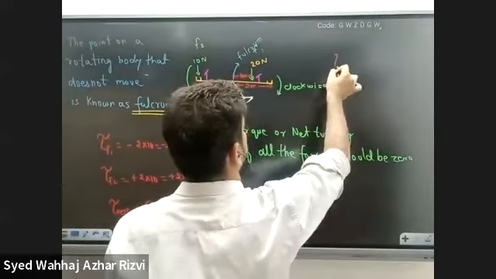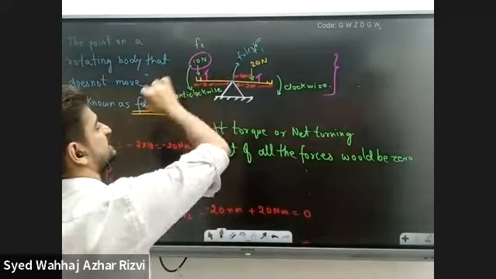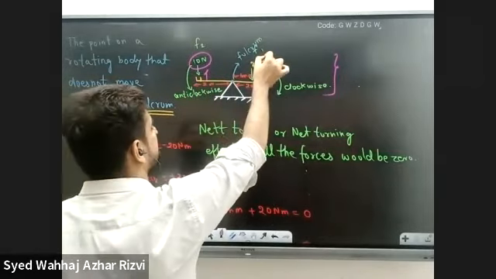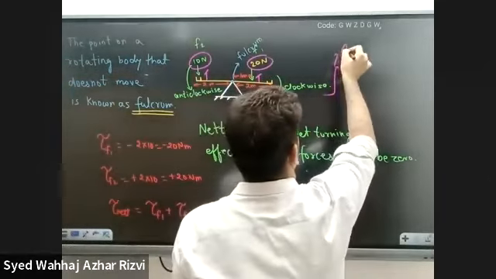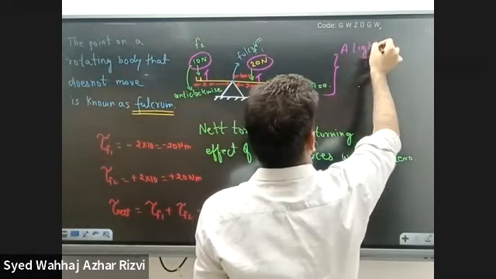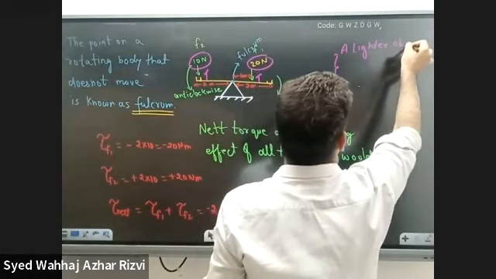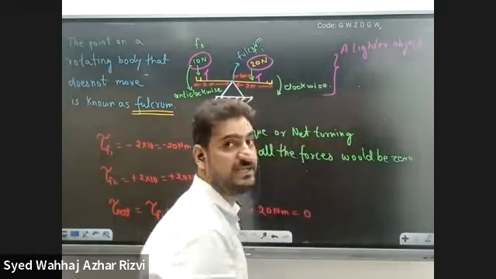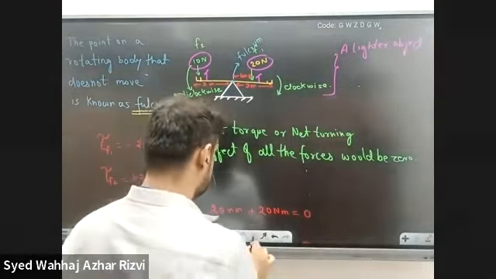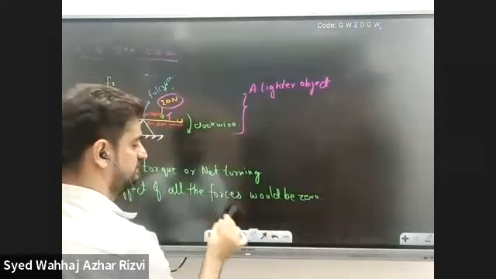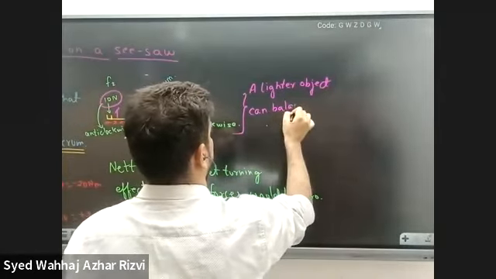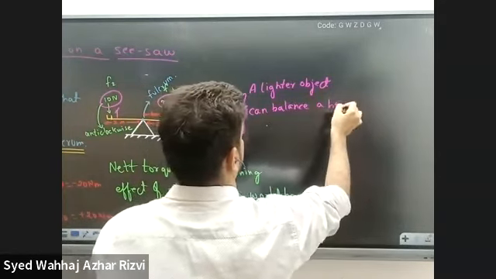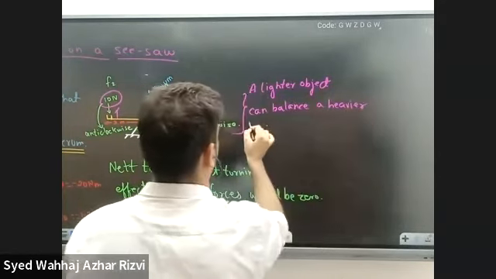So, in this condition, we can say a lighter object can balance a heavier object. Okay? A lighter object can do what? A lighter object can balance a heavier object, right?